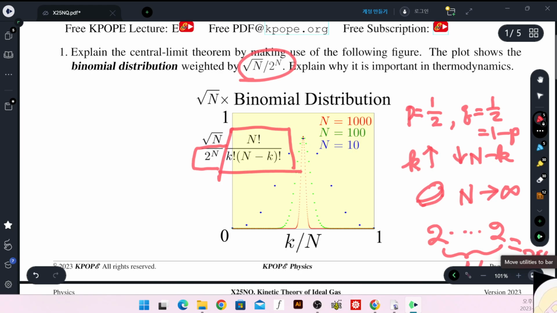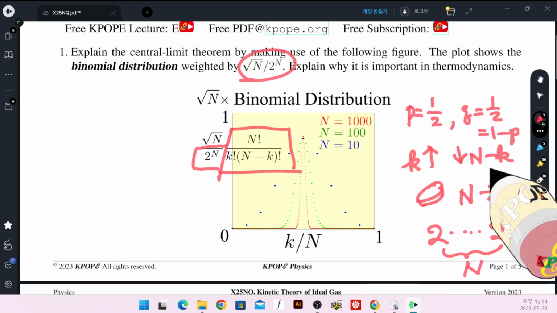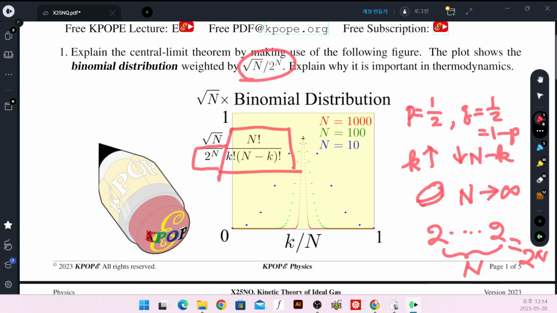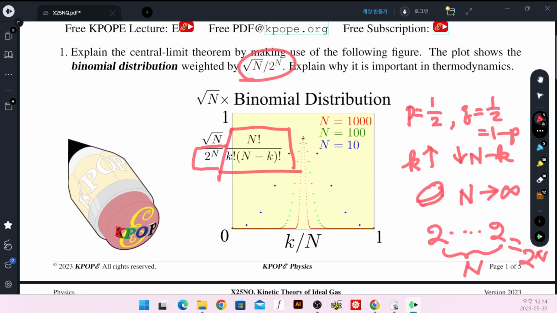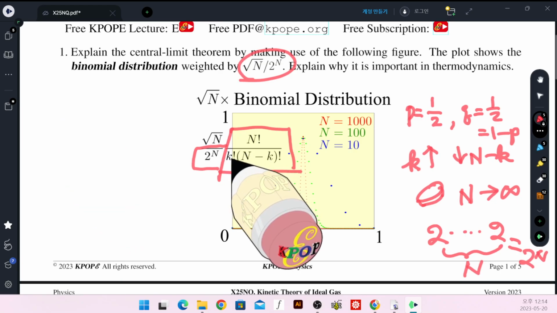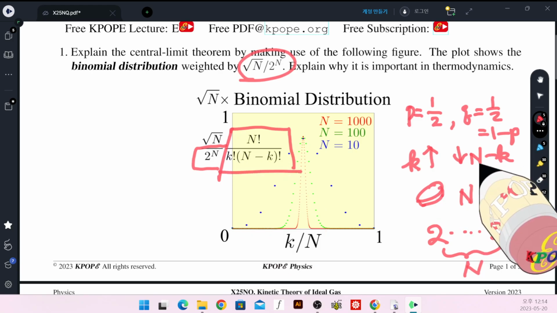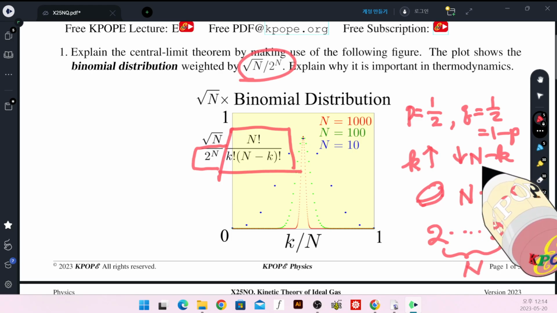Among them, if you have k up and n minus k down cases, the number among n such identical trials, if you have k events of up and n minus k events of down, can be computed in such a manner.